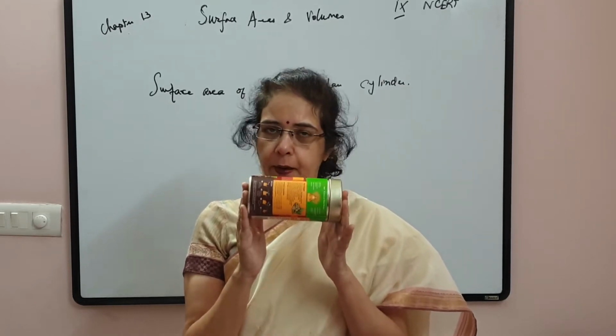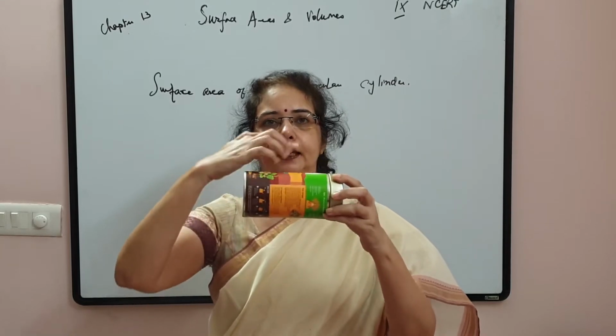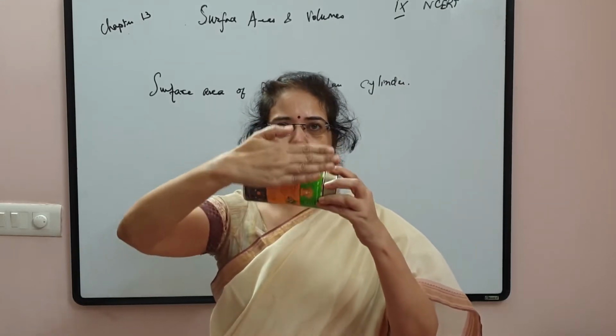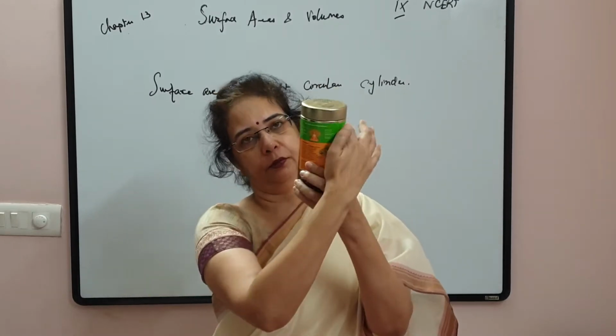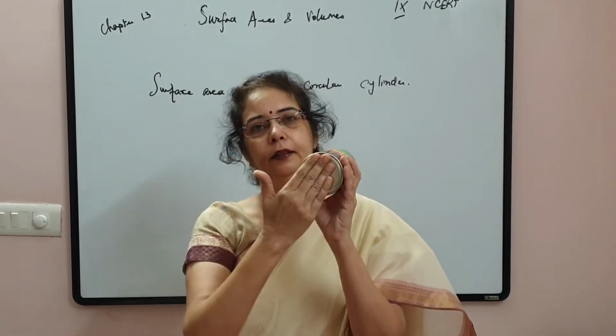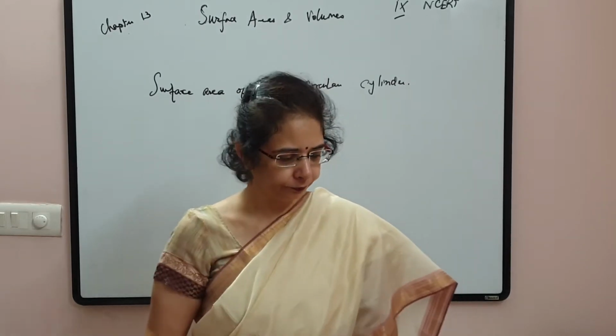And the other part is this surface, the curved surface area. This is the lateral surface area of this circular cylinder. This is the curved surface area, and these are the two circular surface areas of the cylinder.